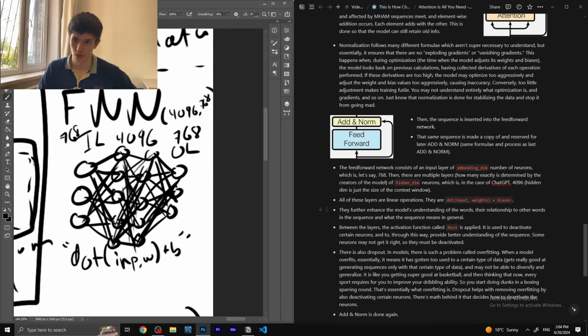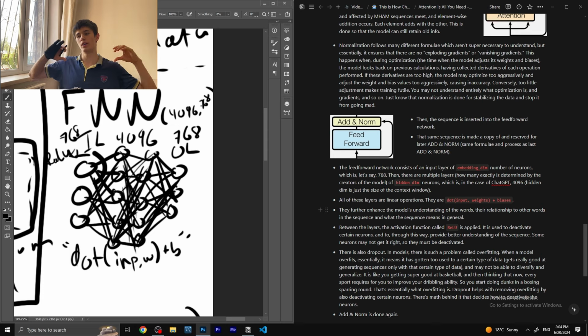So here there would be a ReLU function, and ReLU is essentially a function which drops out certain neurons by zeroing out the weights and biases that are negative.